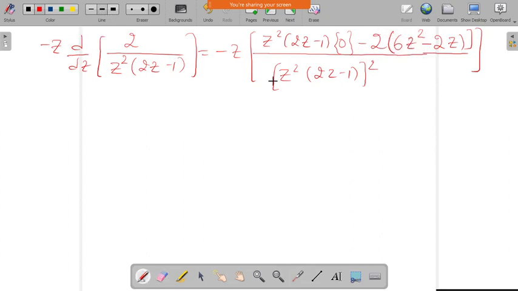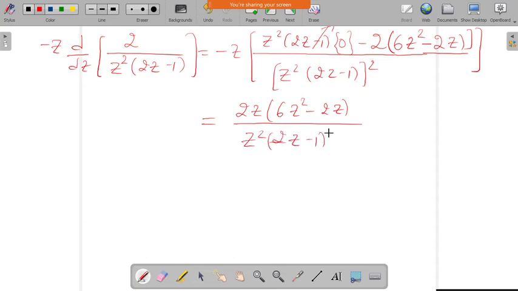This is by applying the quotient rule. Now the first term goes to 0. If you multiply this, you get 2z into 6z square minus 2z, divided by z square into 2z minus 1 whole square.